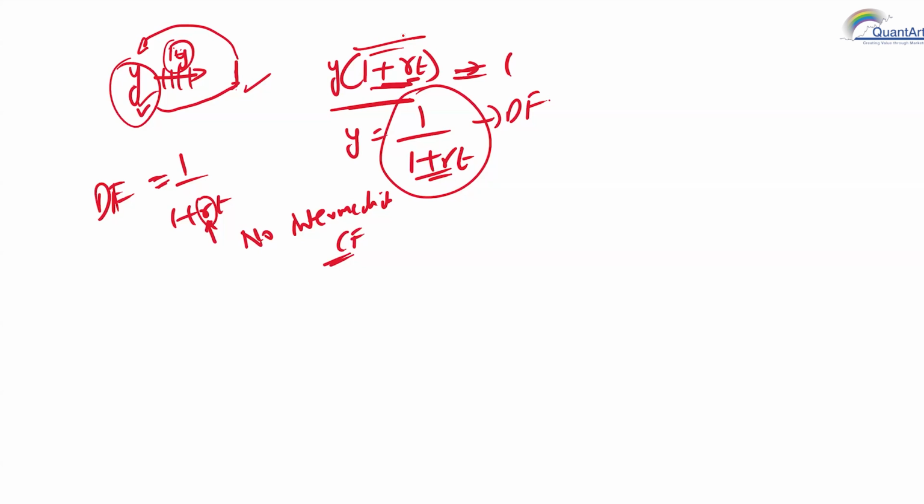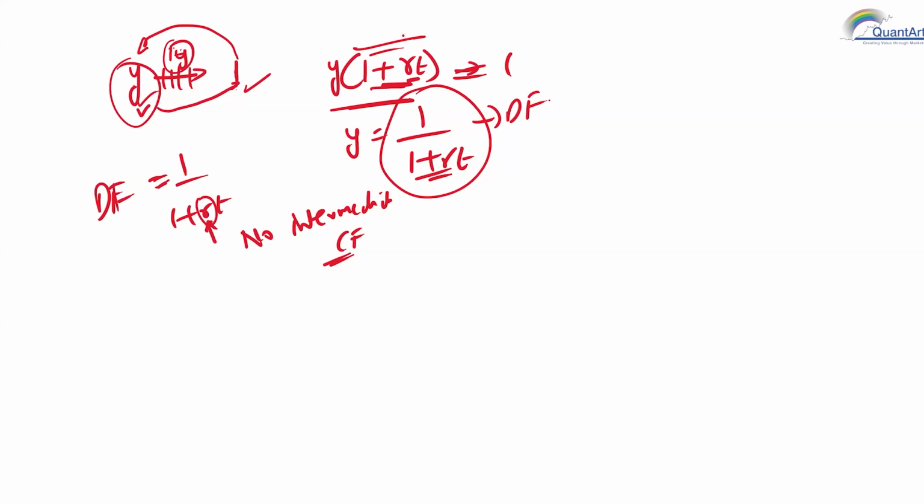Or put differently, if I have a deposit or a bond or whatever it is, I invest today and I get everything at maturity. There is no intermediate cash flow, which means all the intermediate coupons, if at all there are any, are supposed to be reinvested, and finally one cash flow should come to me.